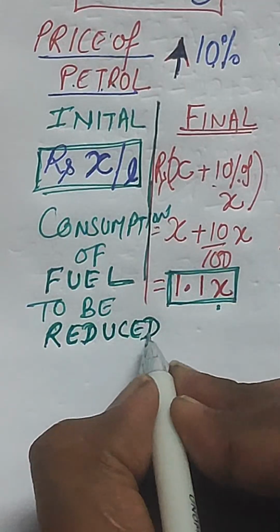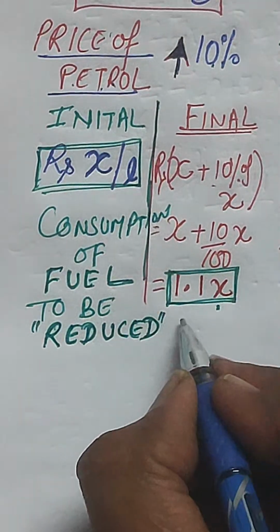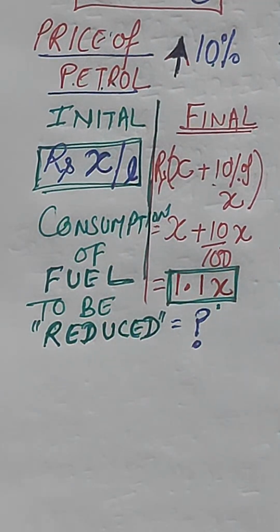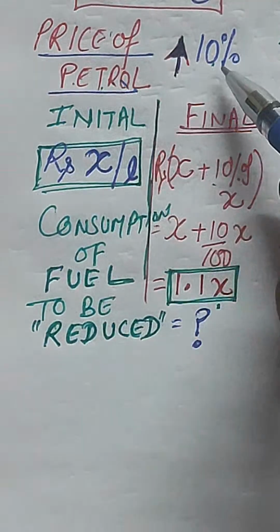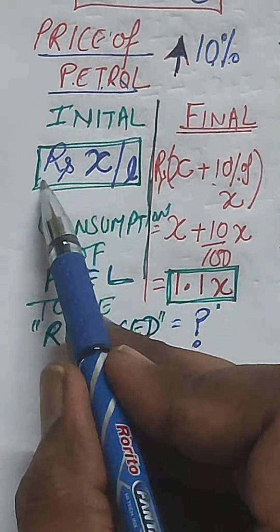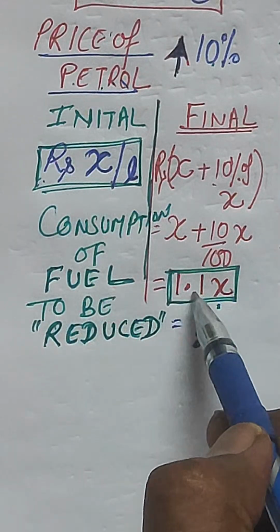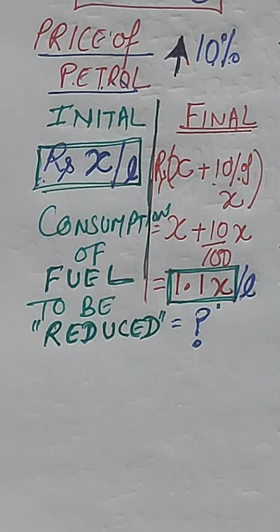Then you need to adjust within that money. So this is the question: the consumption of fuel to be reduced by how much? Here you can see the price of petrol is increased by 10%. So the initial cost, let's say, was rupees x per liter. Now the final cost will be rupees 1.1x per liter. This is per liter cost, right?